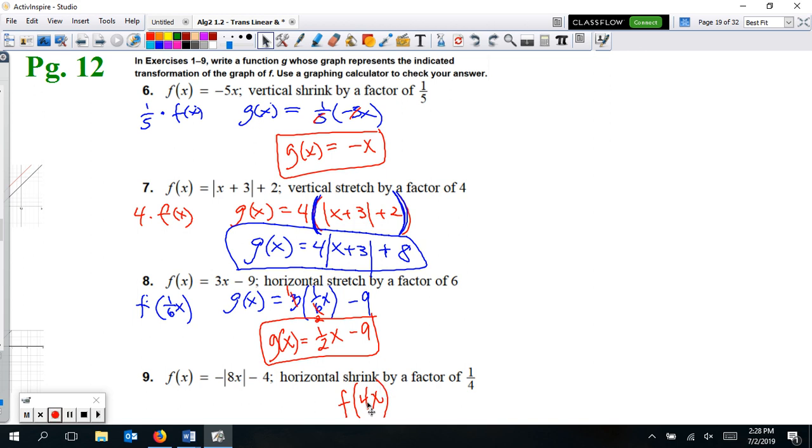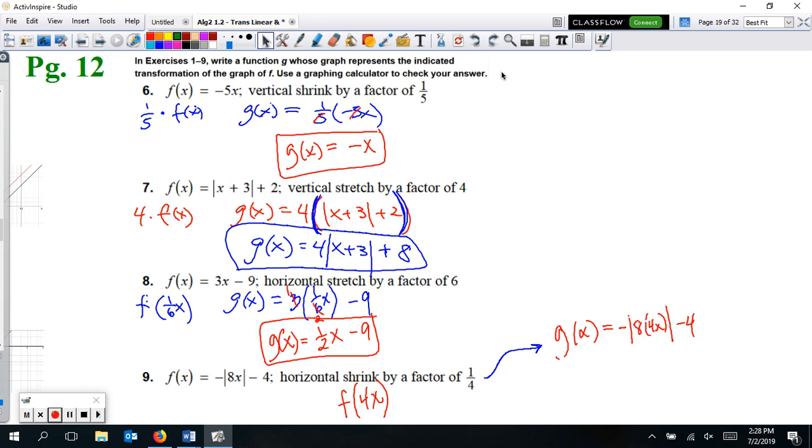That tells us we're going to replace the x in here with a 4x. So as we put that in, do it up here. Call it g of x equals negative 8 times x, but instead of x, we're going to put in 4x. And then still we have a minus 4 in the back. So now we just need to multiply 8 times 4x inside here. So that's why we can change what's inside here when it's a horizontal one.